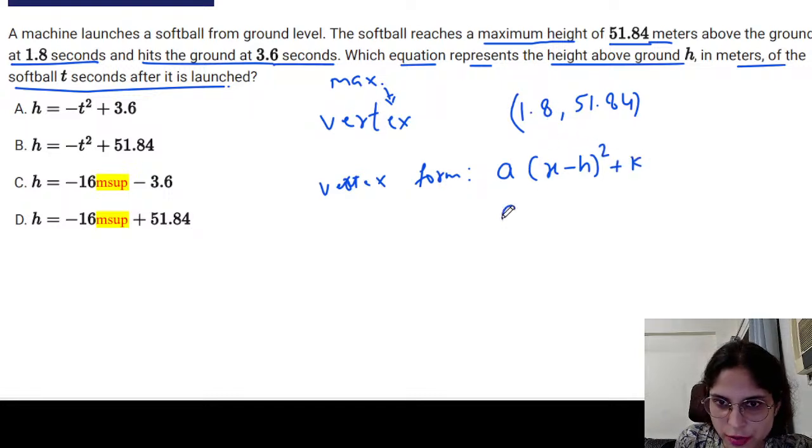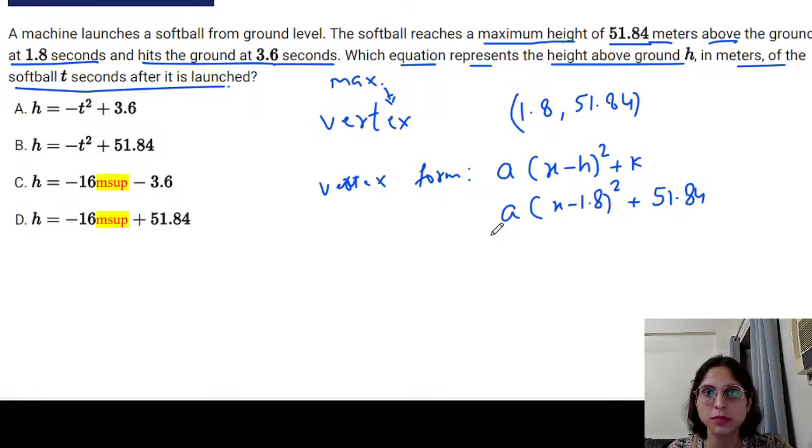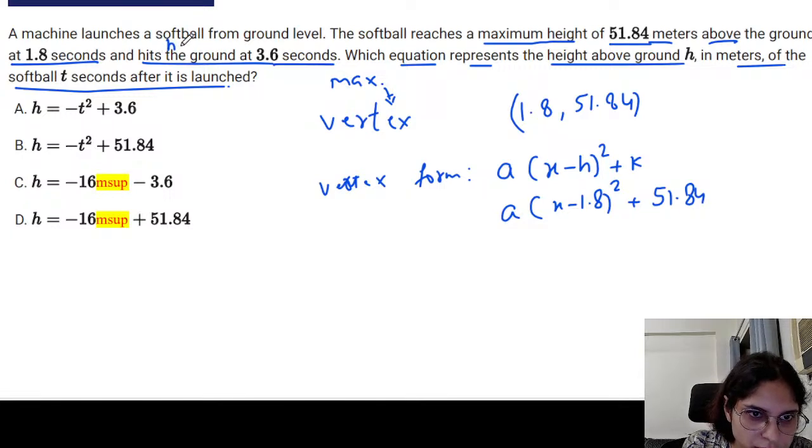The value of h is 1.8, so this will be a times (x minus 1.8) whole squared plus 51.84, because this is above the ground, so this is a positive value. Now you have everything, you just need to find the value of a. For this they will give you some other point, apart from the vertex, one more point. And they have said it hits the ground at 3.6 seconds. Hits the ground means the height is 0, because when you hit the ground there is no height.